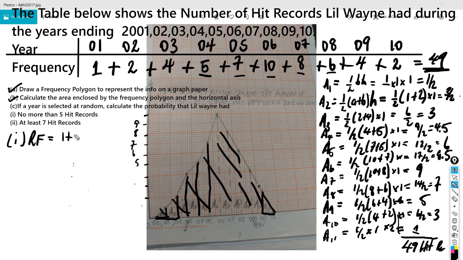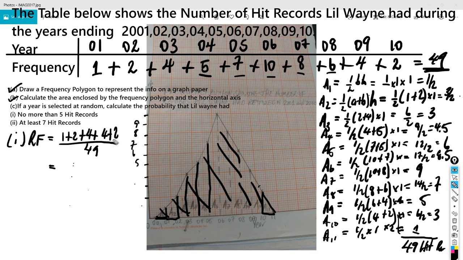So it should be 1 plus 2 plus 4 plus 4 plus 2 all over 49. So in this case, it would be 3 plus 4 gives us 7, 7 plus 4 gives us 11 plus 12 plus 2. Let me work this out again. Sorry about that.